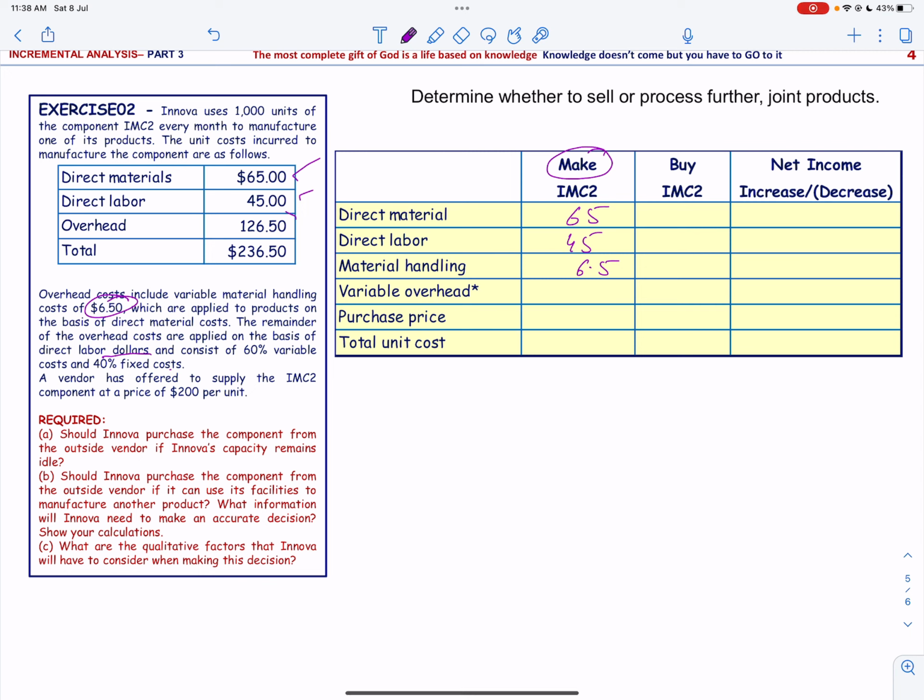You can see although the overhead is 126.5, but this includes 6.5 for the material handling, and that is variable, and you can see it consists of 60% as variable cost, so this is equal to 72. So the variable overhead are 72. The purchase price is 0 in this case because we are making the product, and the total will be 188.5.